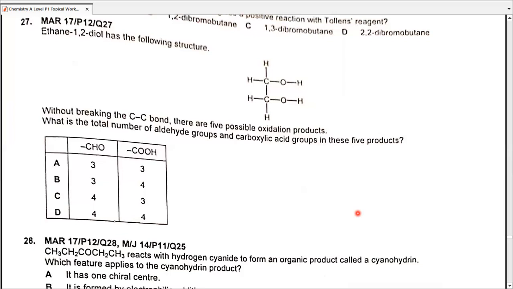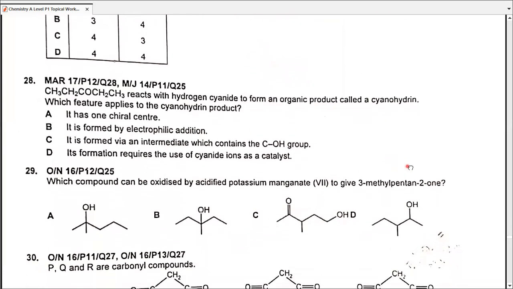One aldehyde, one carboxylic acid, both carboxylic acids, both aldehydes, and one aldehyde and one carboxylic acid. 5 possibilities. All right. And the total of 4 and 4. Because one's count is 1, so yeah, 4 and 4. 28.